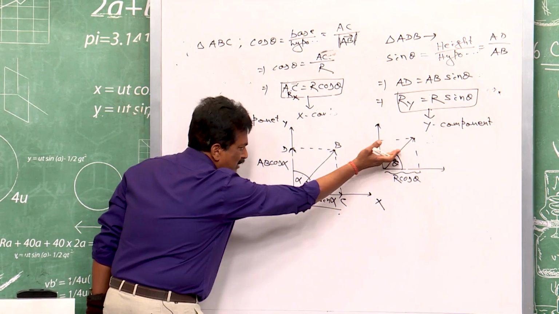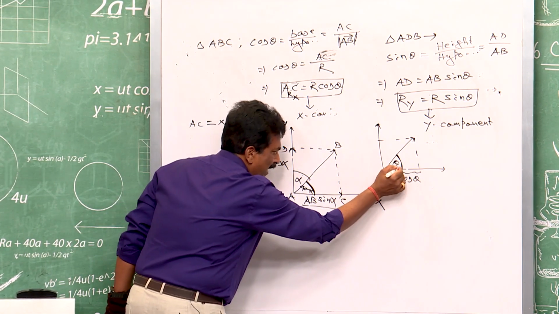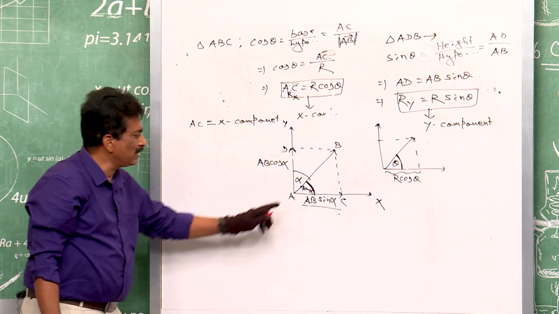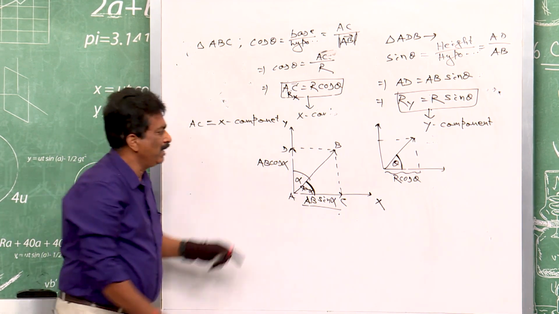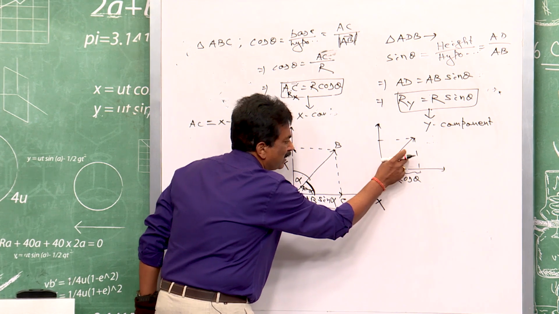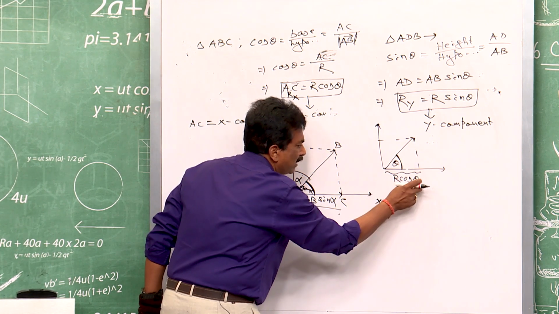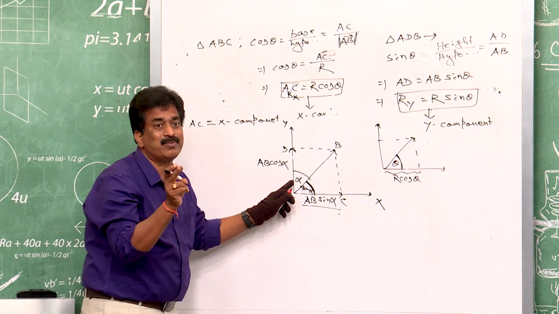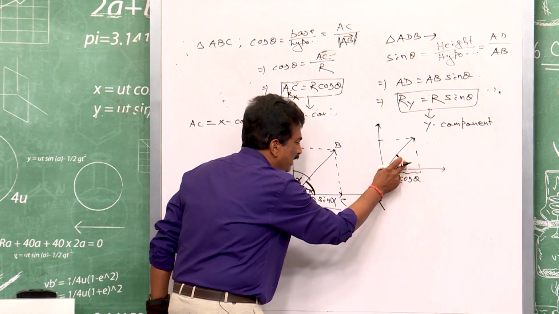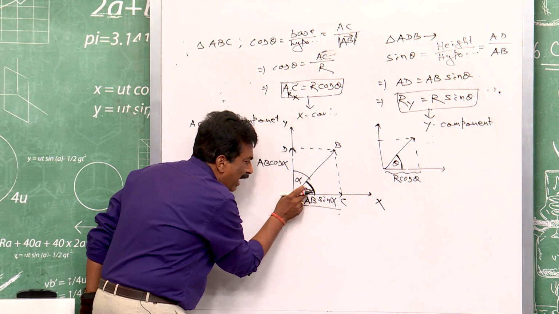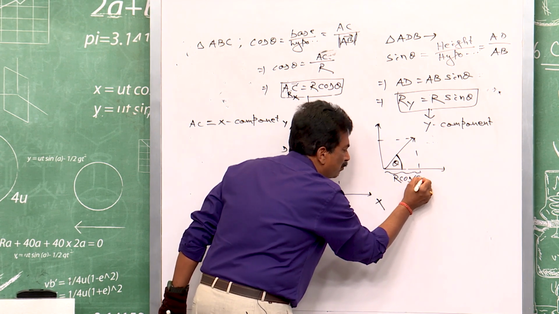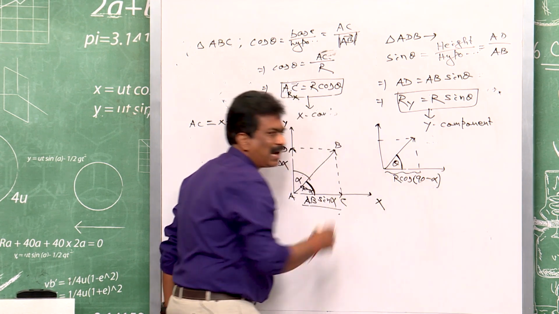If we compare these two figures, if this angle is theta, then this angle is how much for this example? That is 90 minus alpha. In the formula r cos theta, theta is not provided here, alpha is provided. So for theta, you have to put 90 minus alpha.